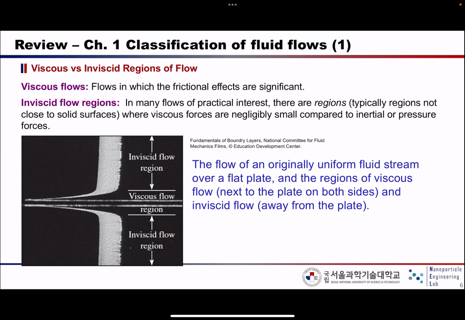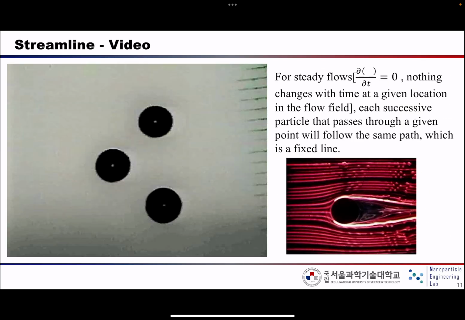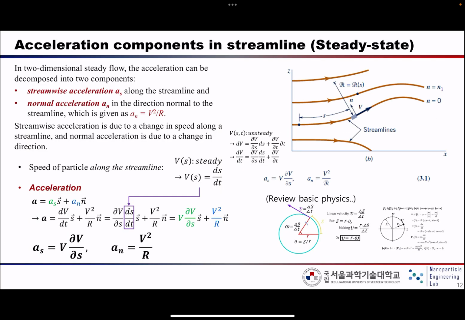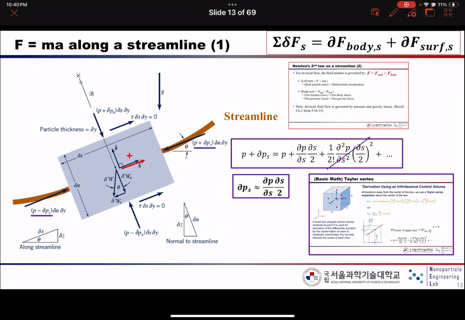I'm going to skip the detailed parts because this is a review session. The derivation is very important. Again, the surface force has two components: one is the body force and the other is the surface force.